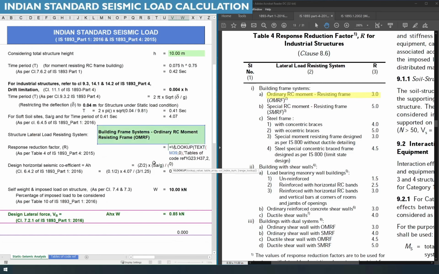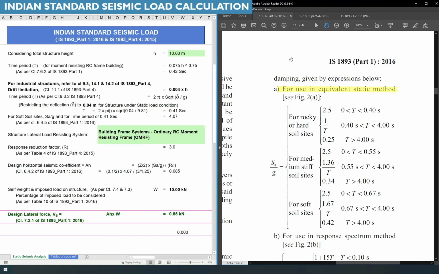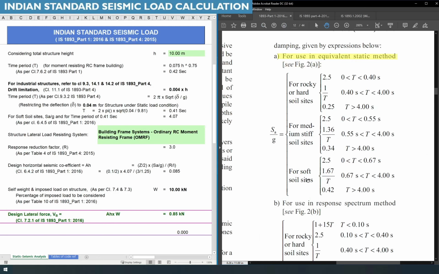This is extracted using the VLOOKUP formula. Next we need to calculate the design horizontal seismic coefficient Ah. For that, clause 6.4.2 of IS 1893 Part 1 is to be referred, on page number 12.